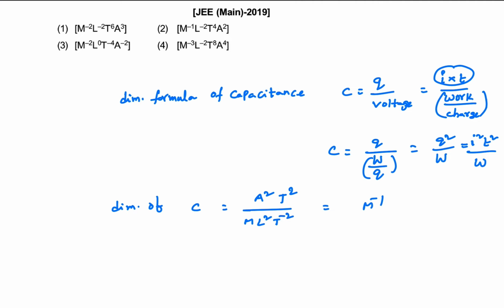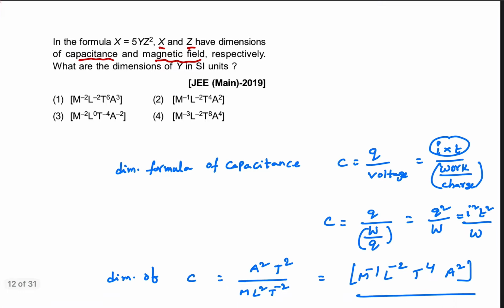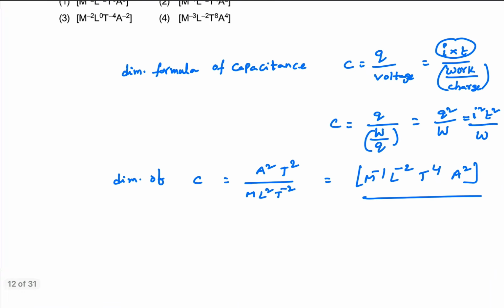If I write the whole value, M power minus 1, L power minus 2, T power 4, A square. This is my capacitance dimensional formula.